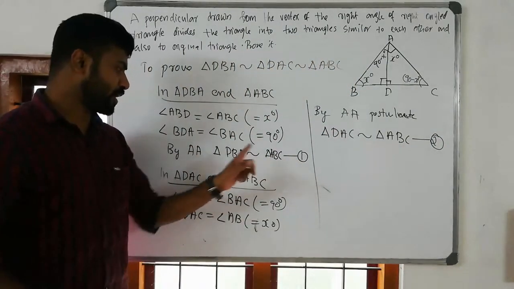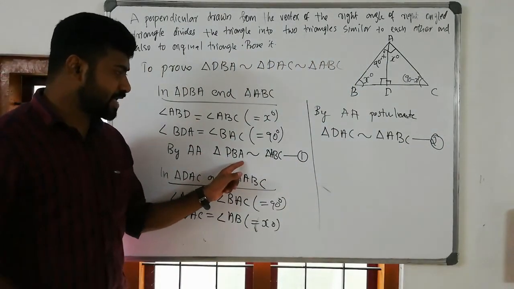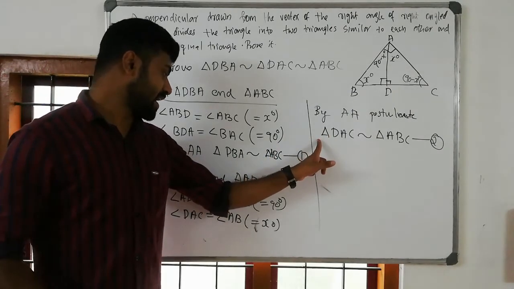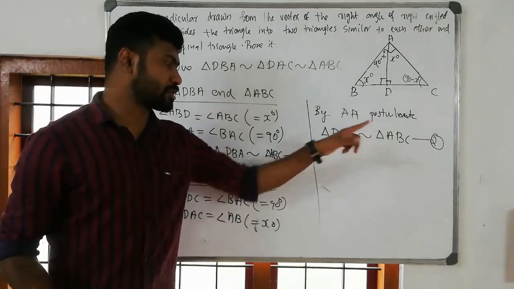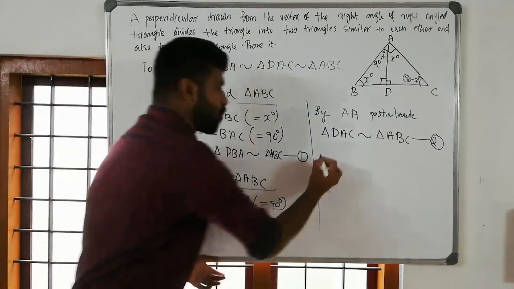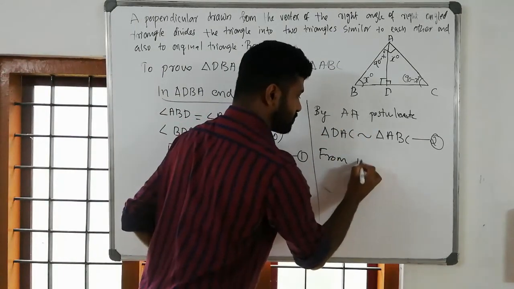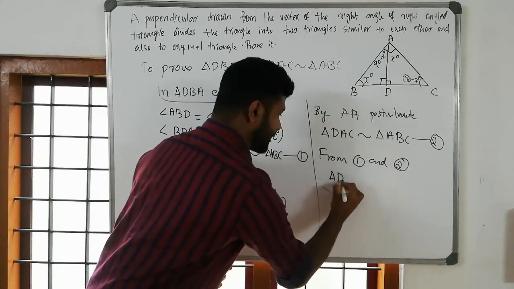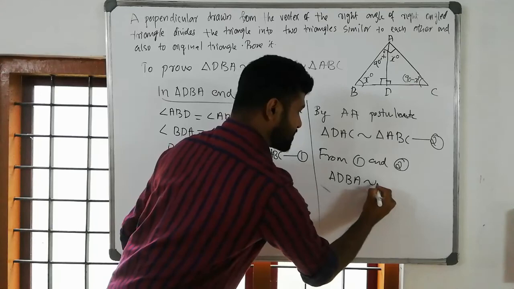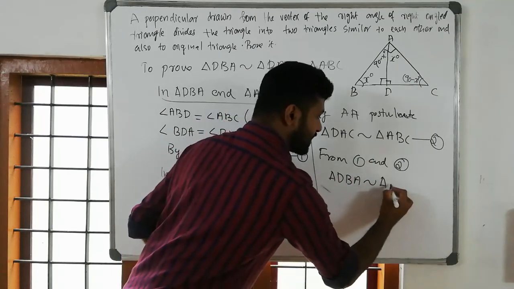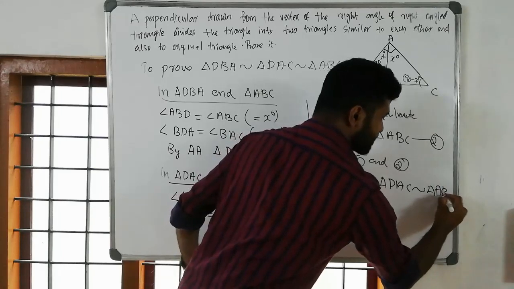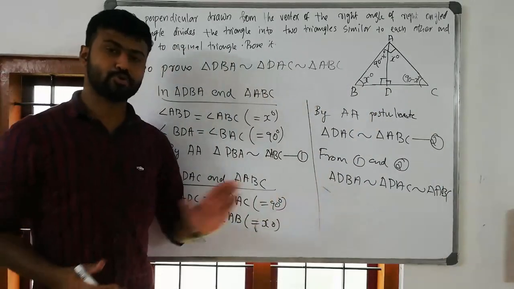From condition 1 we have triangle DBA is similar to triangle ABC. In condition 2 we have triangle DAC is similar to triangle ABC. So from 1 and 2, triangle DBA is similar to triangle DAC is similar to triangle ABC. Hence we proved our statement.